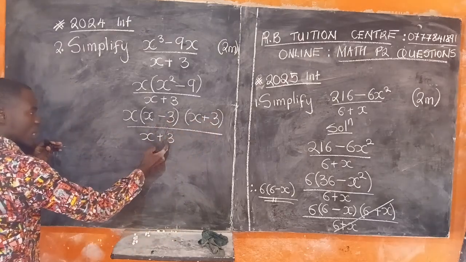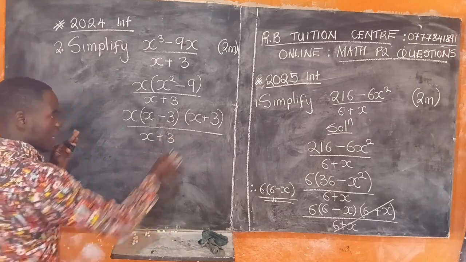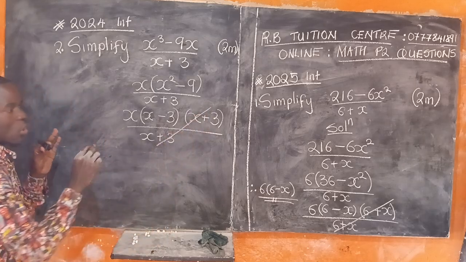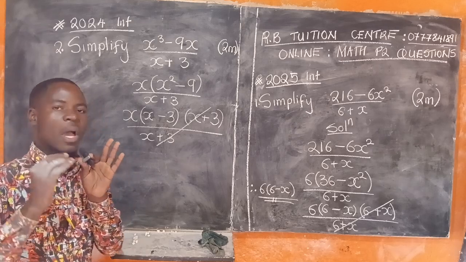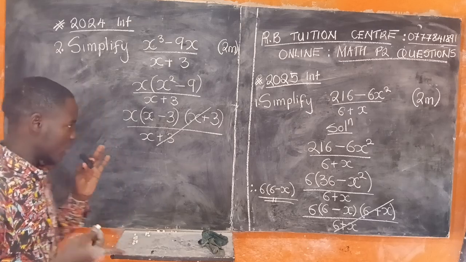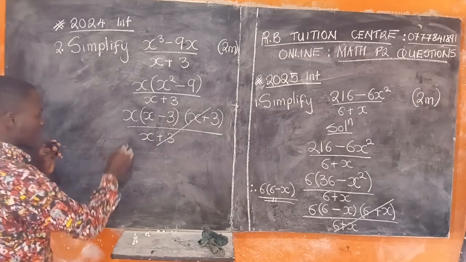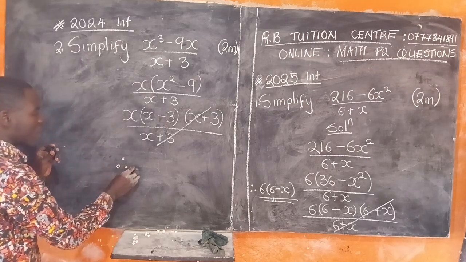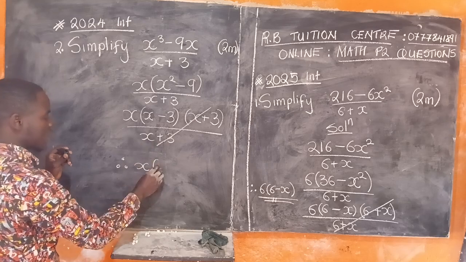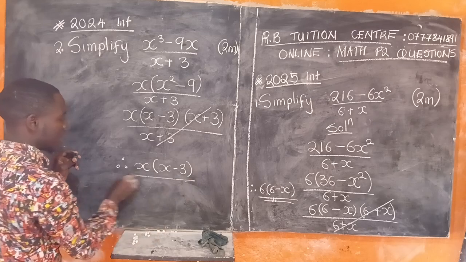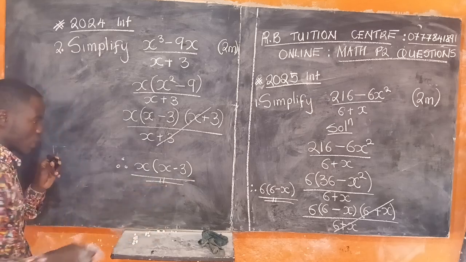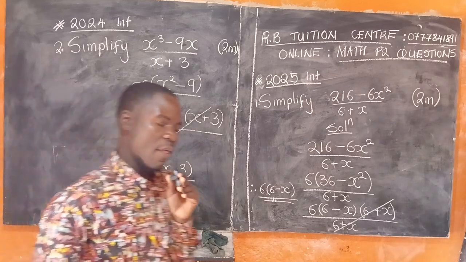You can see that the numerator and the denominator have the same factor, so we cancel. Every time, you must have something that is the same on the numerator and denominator. Therefore our final answer is x, open bracket, x minus 3. It simply means that you are done. That's the way you answer this question.